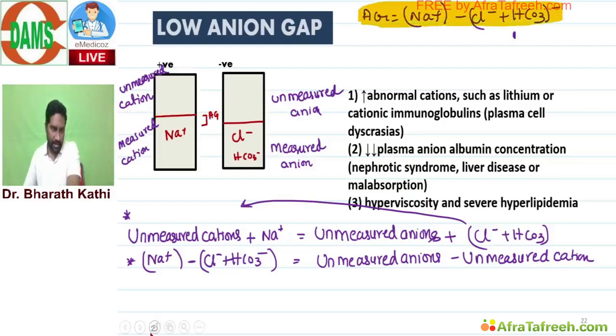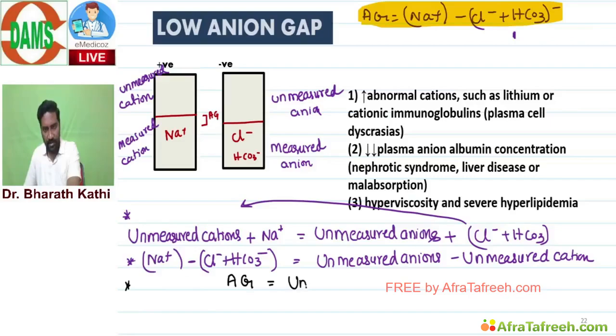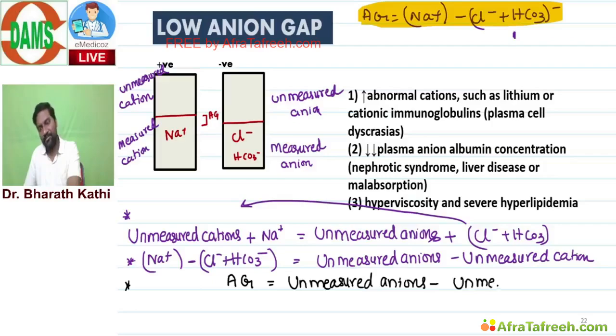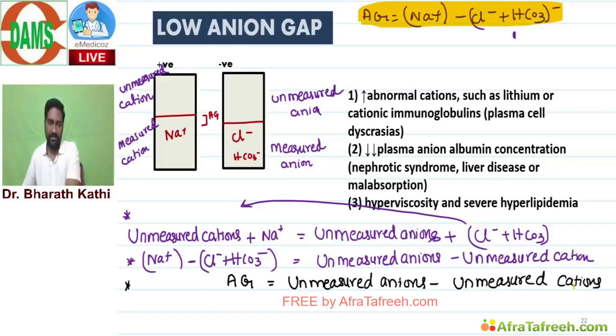Now can I write this as anion gap, Na plus minus chloride plus bicarbonate? Yes. Anion gap will be equivalent to unmeasured anions minus unmeasured cations. This is the ultimate relation, students.